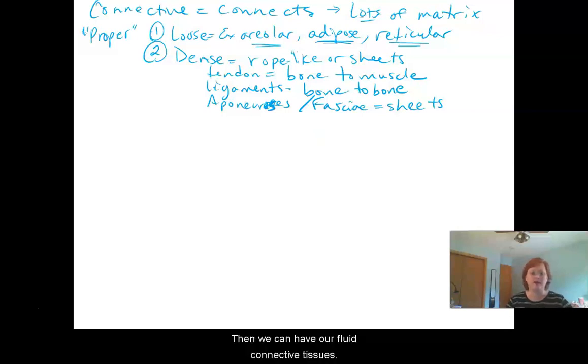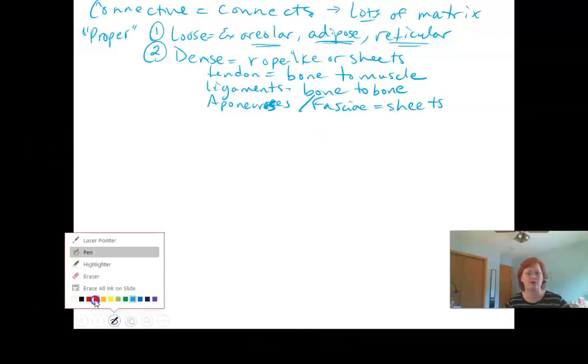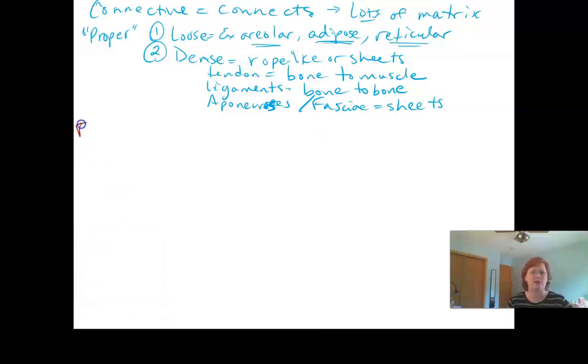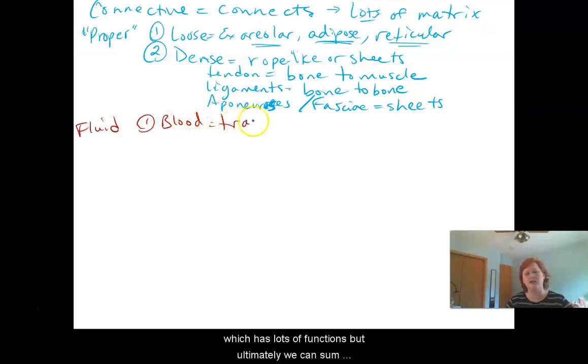Then we can have our fluid connective tissues. This is going to include blood, which has lots of functions, but ultimately we can sum them all up as transport.